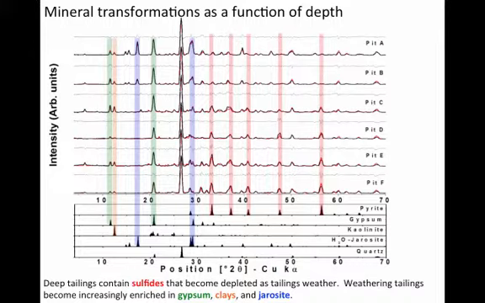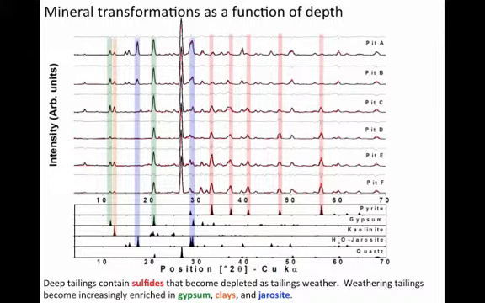I know you can get all that information from the figure itself, but it just helps the reviewer to understand. You can see the sulfides being depleted as you move towards the surface, and then you can see the enrichment of these other secondary phases.